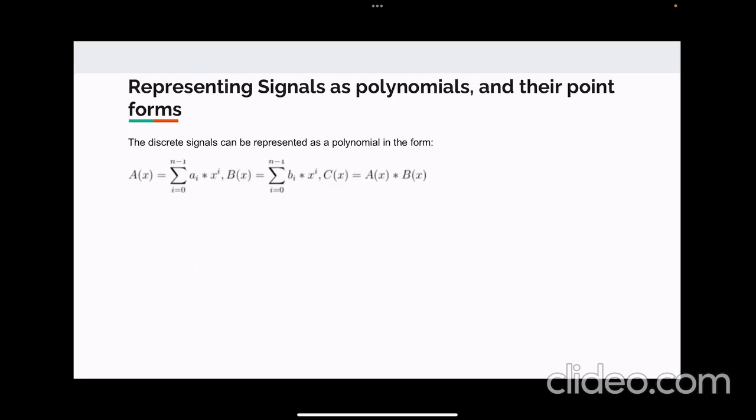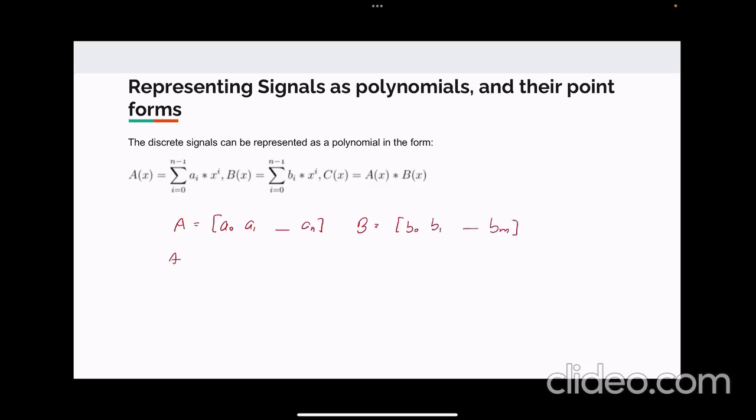The first step would be to represent our signals in polynomial form. That is, let's say I have a signal A, which is A0, A1 up to An, and signal B is B0, B1 up to Bm.